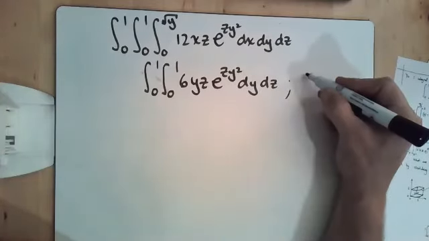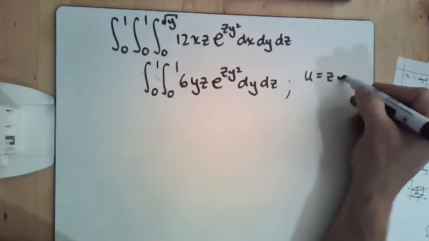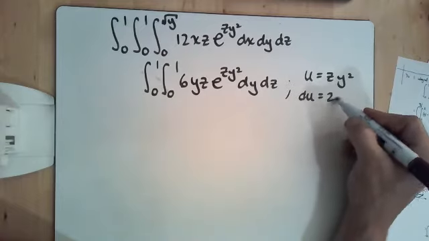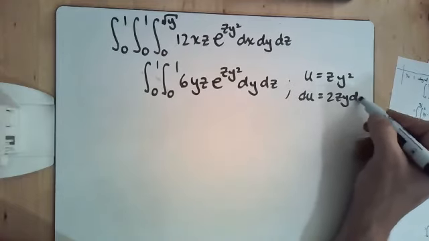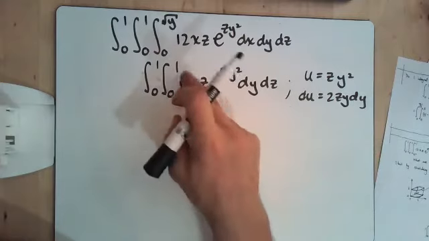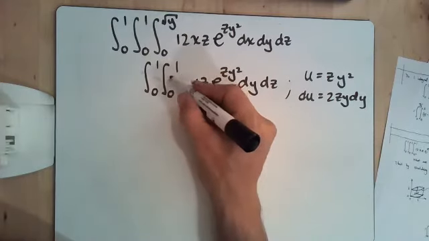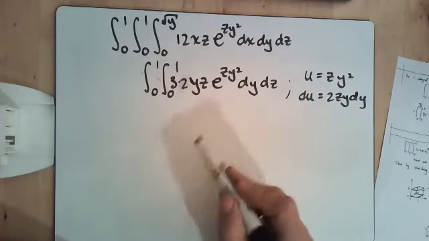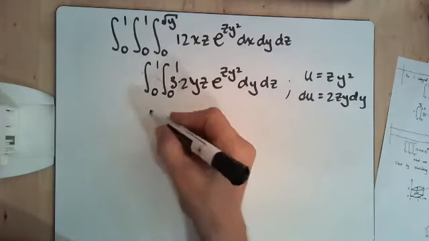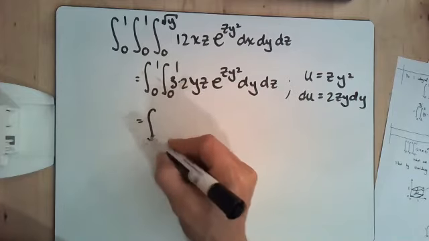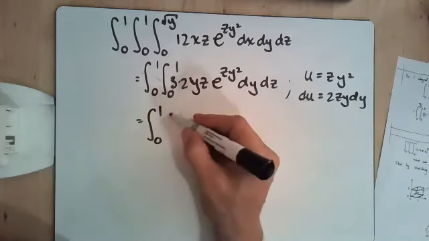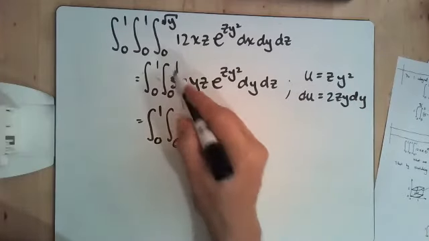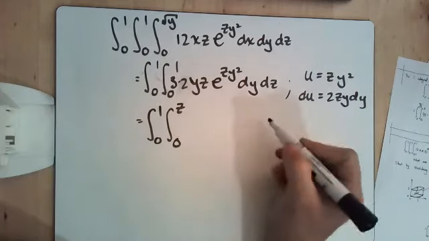Now let's do this substitution. u is equal to zy squared. du is equal to 2zy dy. I can write this as 3 times 2. And now I have this 2zy dy, and so I'll just plug things in. All right, so when y is equal to 0, u is equal to 0, and when y is equal to 1, u is equal to z.